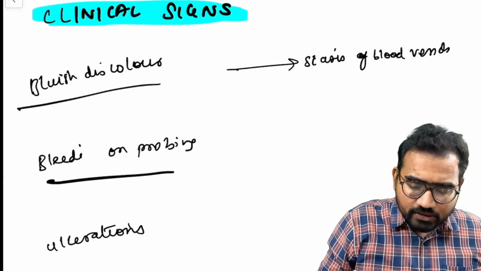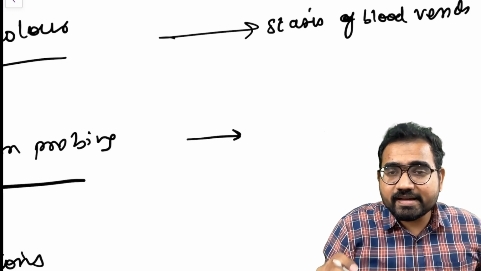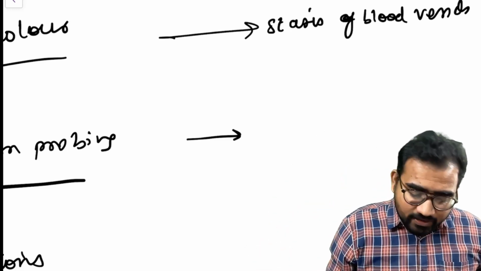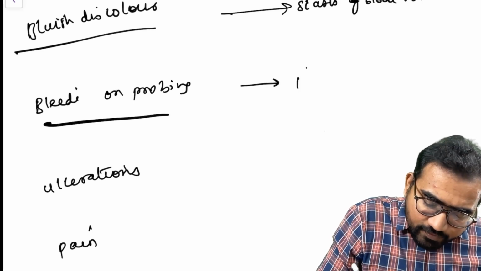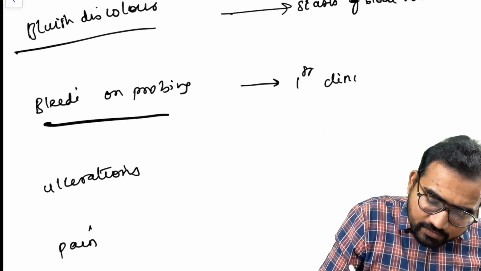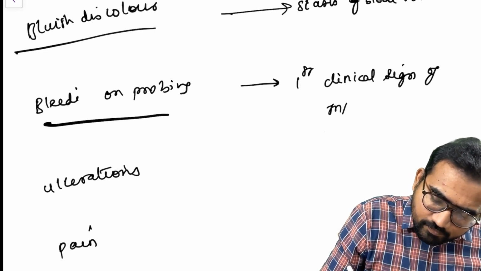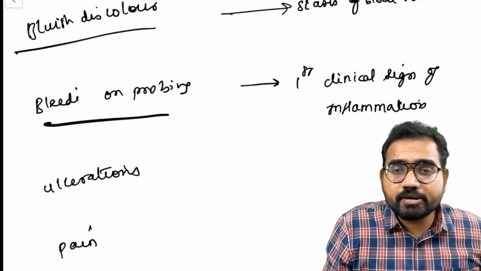Bleeding on probing, bleeding on probing is because of the various areas of hemorrhage because of the ulcerations, and also it is the first clinical sign of inflammation. So the first clinical sign of inflammation will be bleeding on probing.